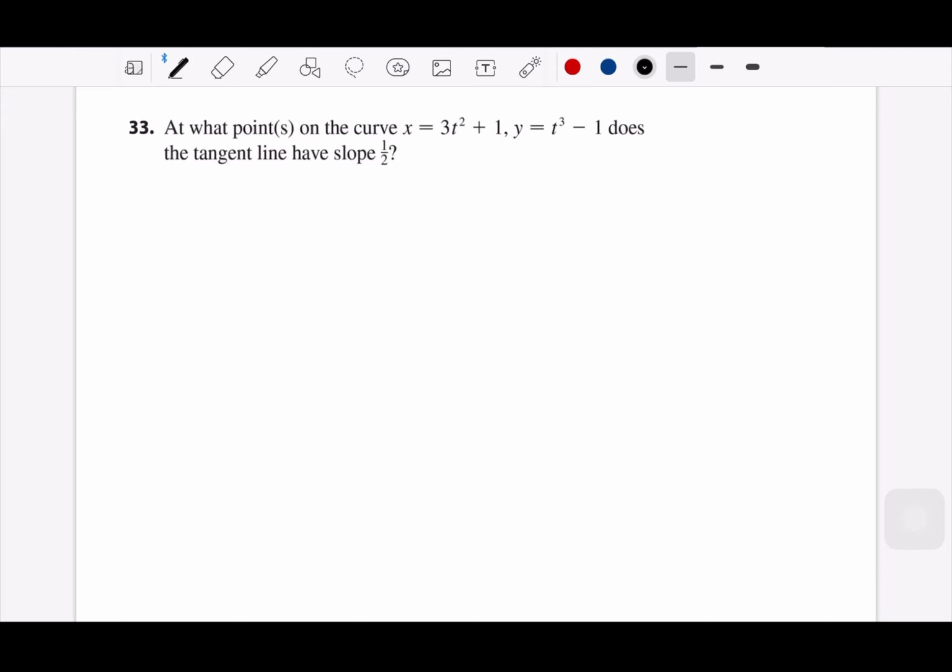So it's asking for a point, a coordinate. At what point on the curve x equals 3t squared plus 1 and y equals t cubed minus 1 does the tangent line have slope 1 over 2? So the slope is half, and you know the parametric equations, and I think it's a kind of direct question.